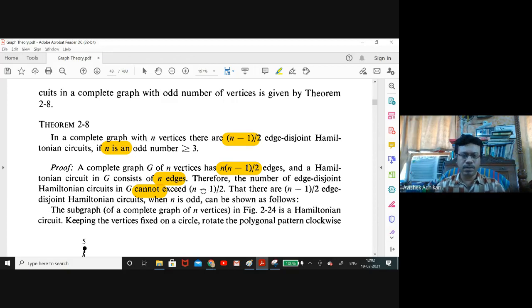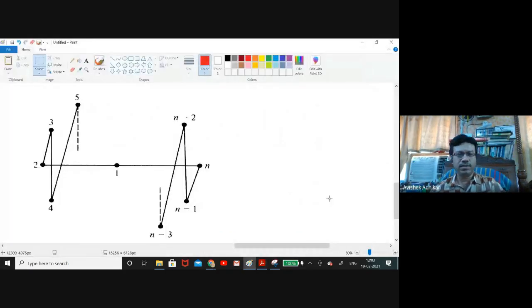Okay, now we are going to show that this many distinct edge disjoint Hamiltonian circuits are present in a complete graph. This construction is very interesting. Okay, let us have a look at this. So try to draw a circle with 1 as the center.